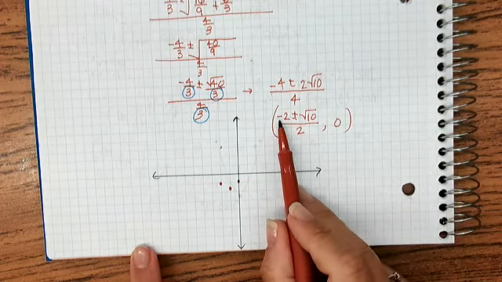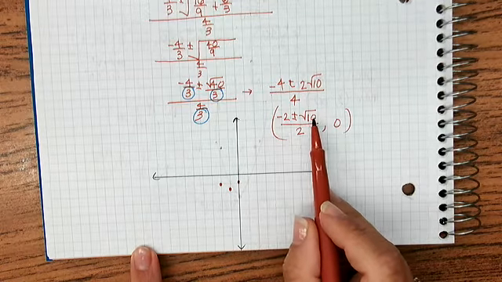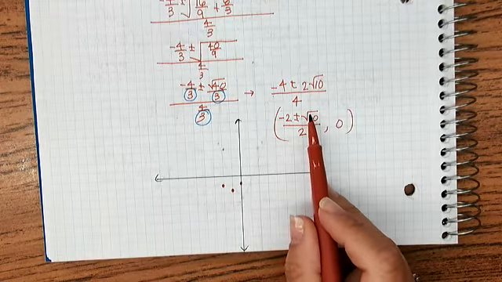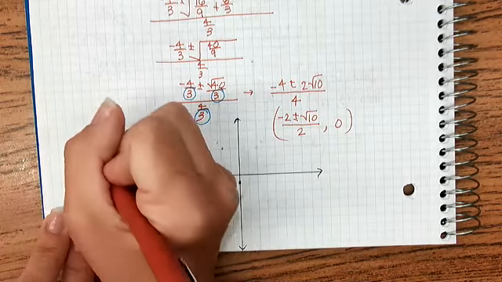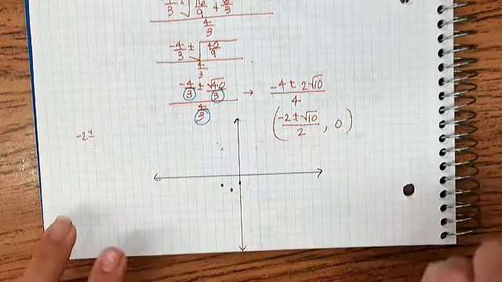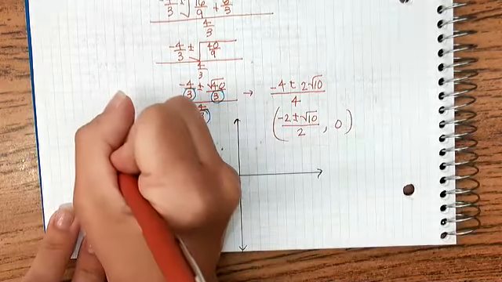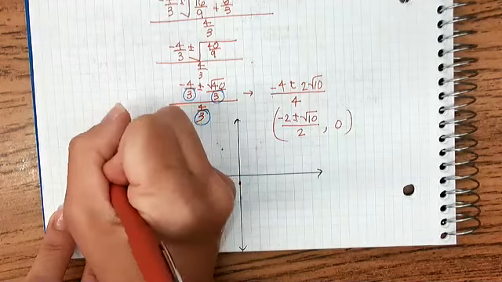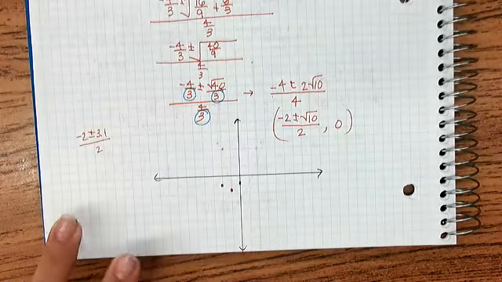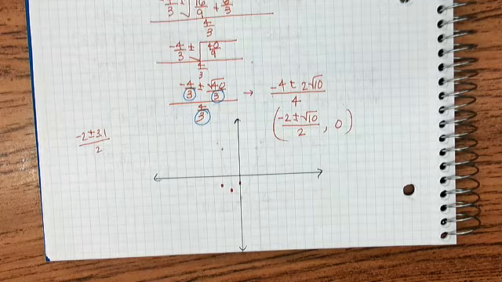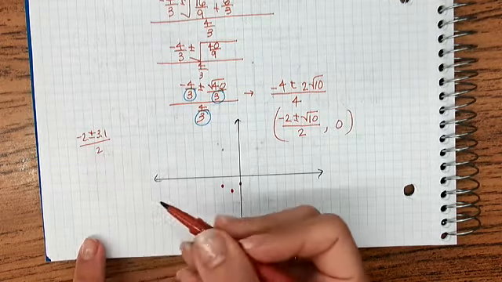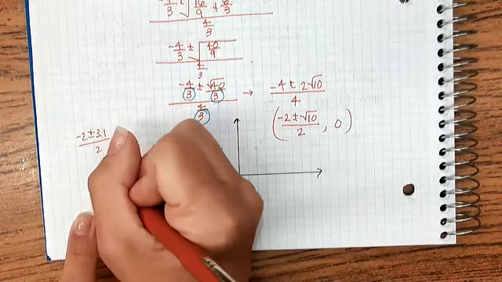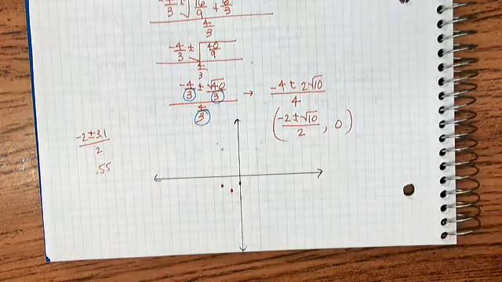Okay, so -2 plus or minus root 10. So again, root 10 is about 3. So this is going to be -2 plus or minus, I'm going to say 3.1, just for the sake of trying to find the value. This is purely just to get a rough estimate of where it is. So this is going to be 1.1 divided by 2 is 0.55-ish.